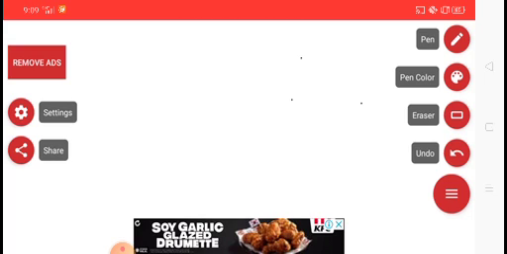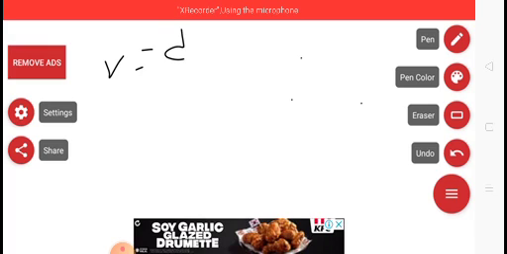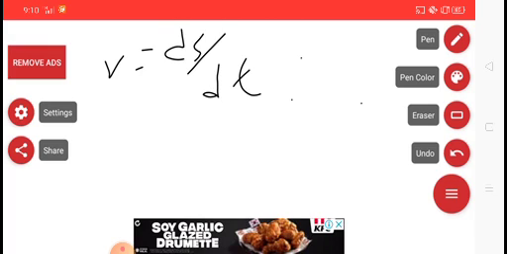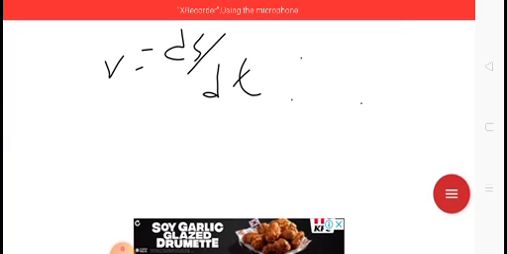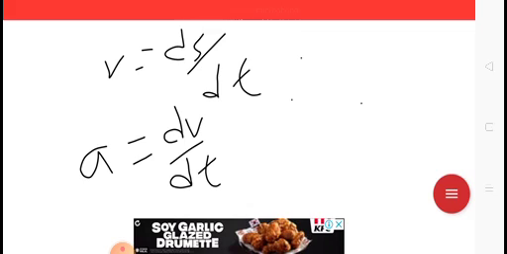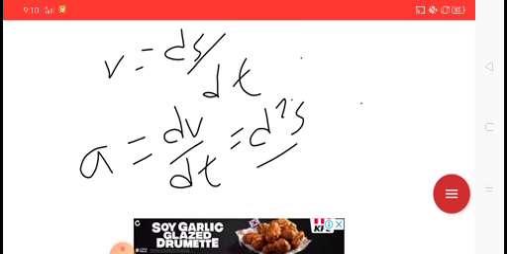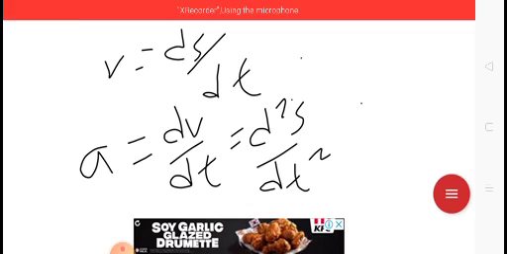In these chapters we will go to the basic principle of differentiation. I remember v equals ds/dt, and we know that a will be equal to dv/dt, or maybe we can do the second derivative of s with respect to t.